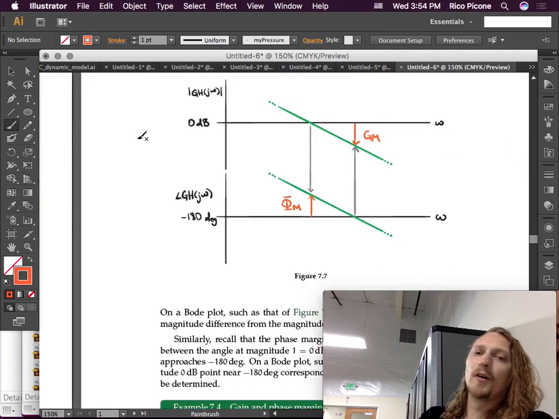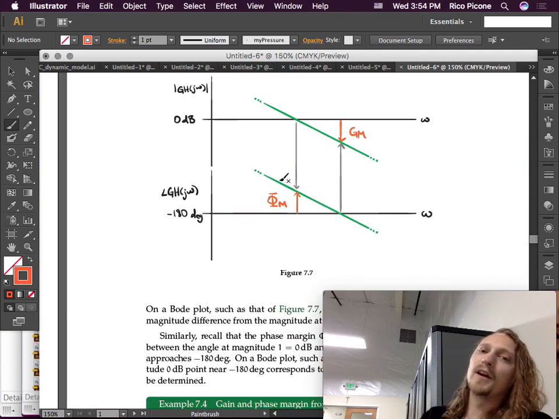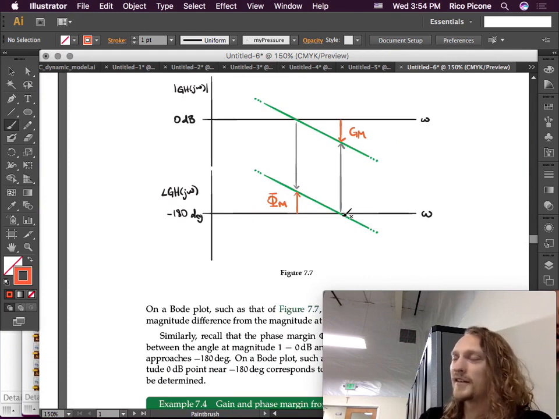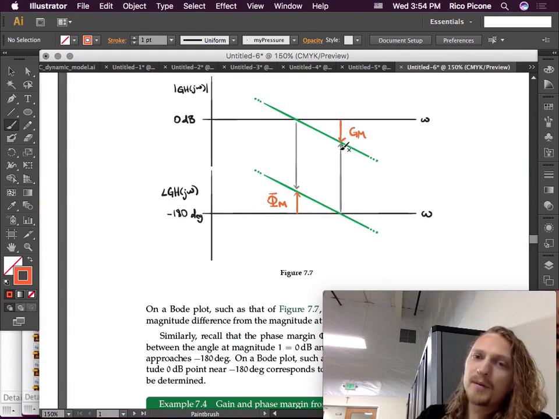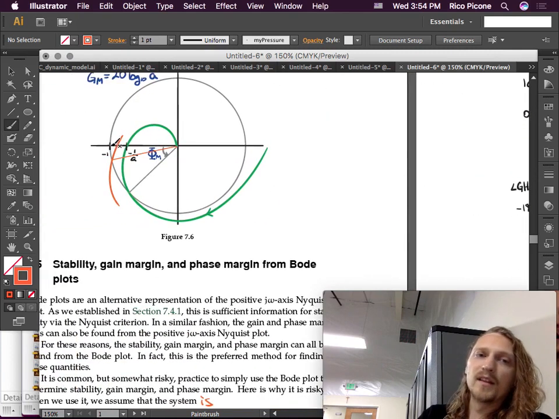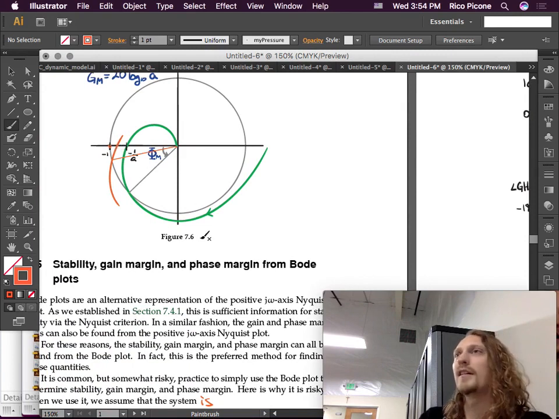And so what we do is we find where this phase crosses negative 180 degrees, and we follow it up at the same frequency, and we find out how much of a margin we have before we get to 0 dB, which would be this point, magnitude 1 on the negative real axis.